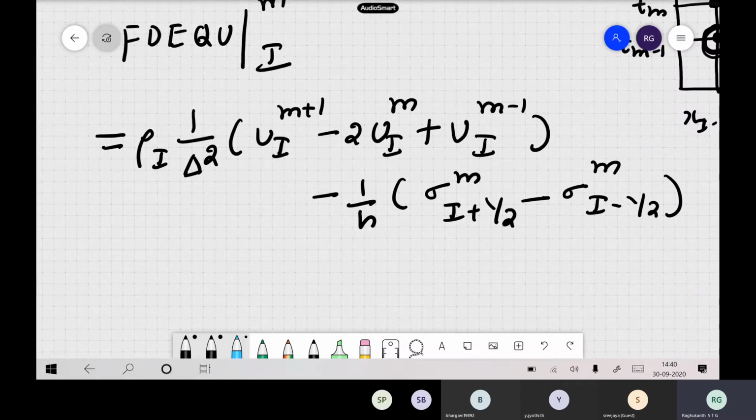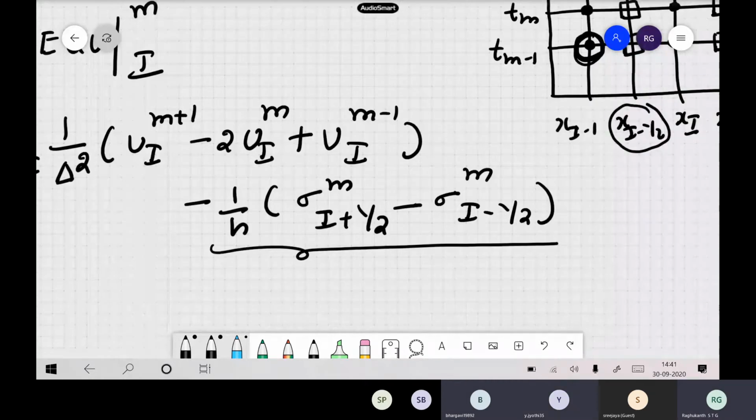See this expression carefully. What does this expression tell you? What is this finite difference term, the second one? It is nothing but a first derivative only. But where are you computing this derivative?